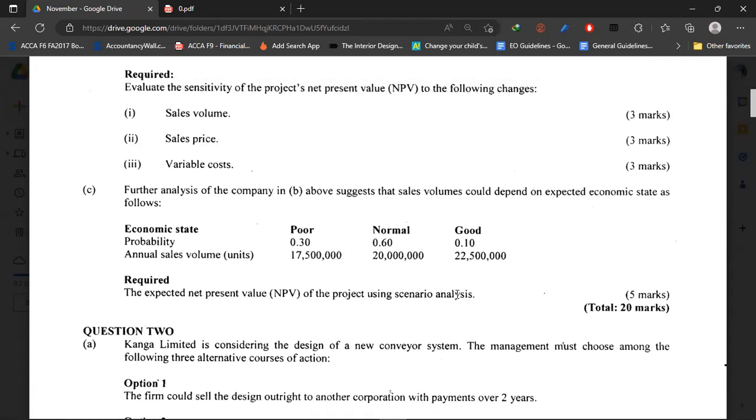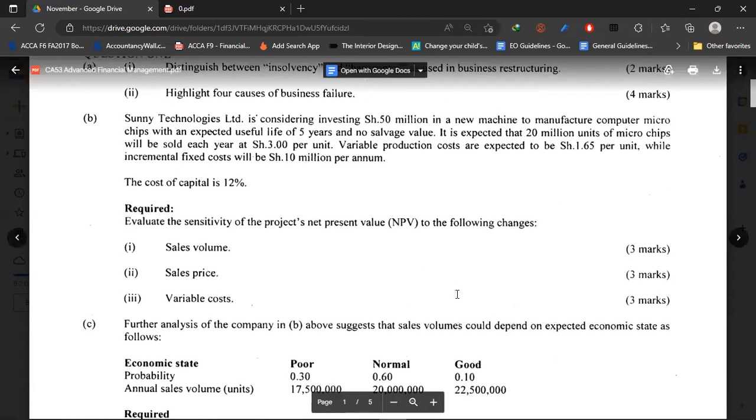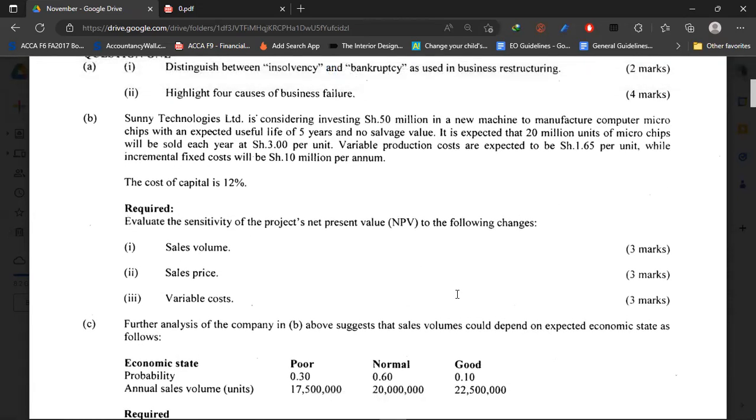Very good. So let us start with just a repetition of what we have done. Remember we already have a format in our first video for how you are supposed to calculate the NPV. In this scenario there is no incidental cost because we have already been told the cost of the machine will be 50 million.